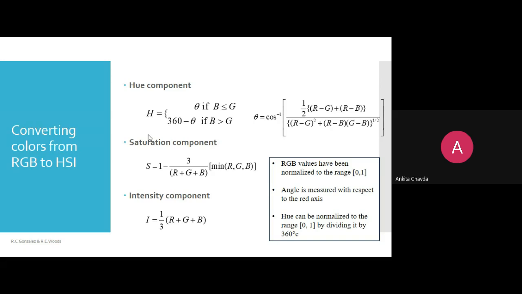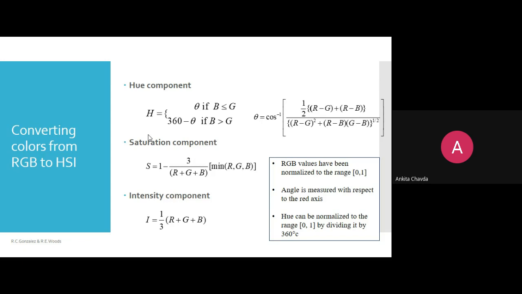Then the saturation component: saturation equals 1 minus 3 divided by (R plus G plus B), multiplied by the minimum of R, G and B. Okay, so this is saturation.